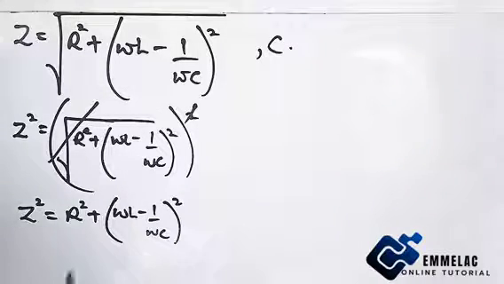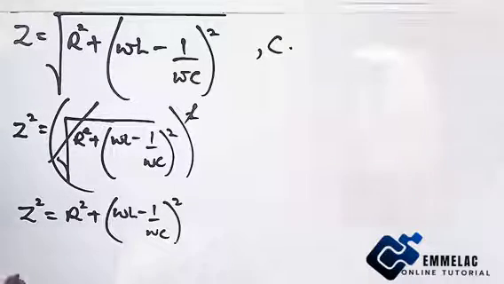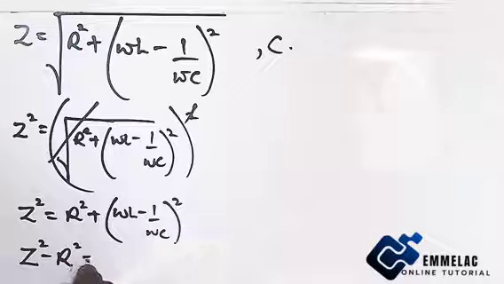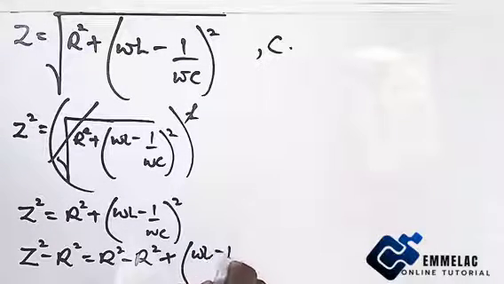Now you can see the next thing here is to remove this. Now by such, we subtract R squared from both sides. So what we're going to do here now is to make sure that it's very clear. So here Z squared minus R squared equals R squared minus R squared plus, into bracket, WL minus 1 over WC all raised to power 2.